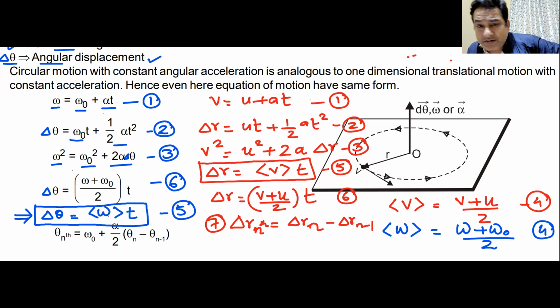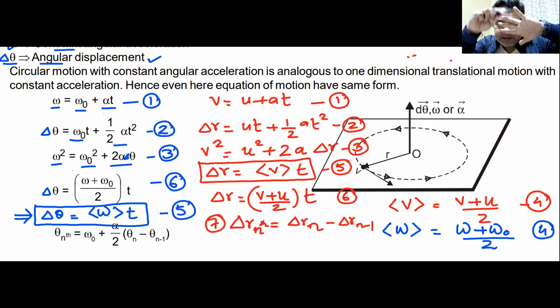If I want to find how much the particle has displaced in the 5th second, listen to me very carefully. I find the displacement in 5 seconds, from 0 to 5.